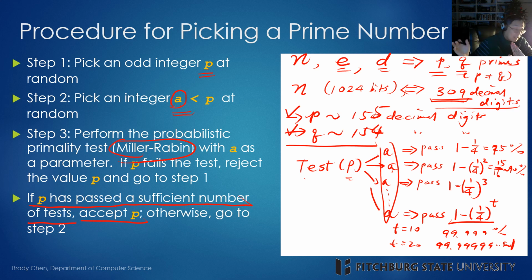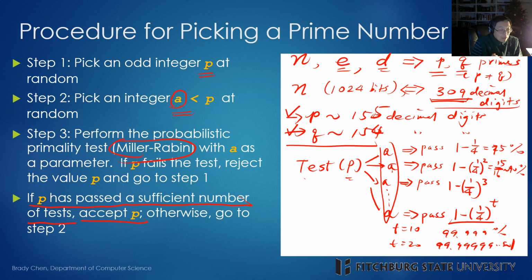Technically, if p passes the Miller-Rabin test multiple times and the number is sufficiently big, then p acts like a prime number, even if it's not. So we can accept it as a prime number.